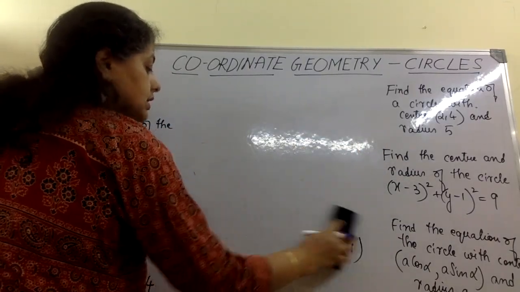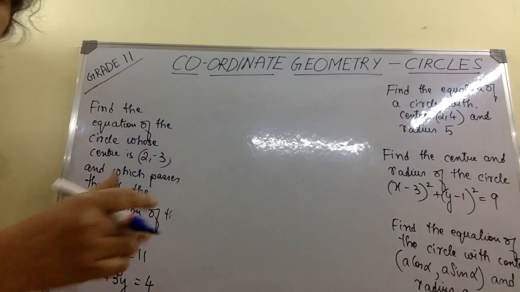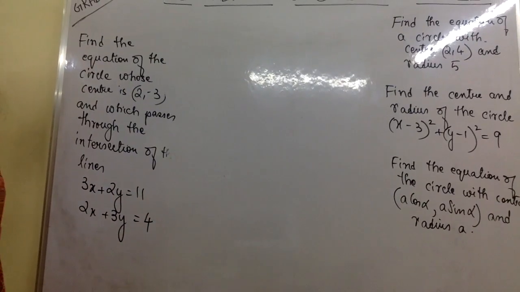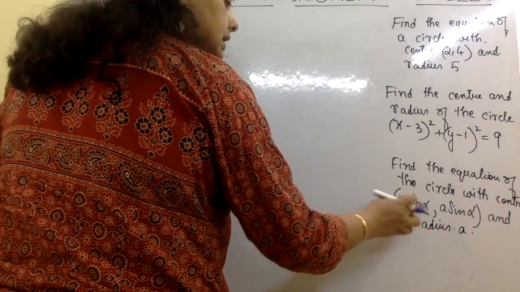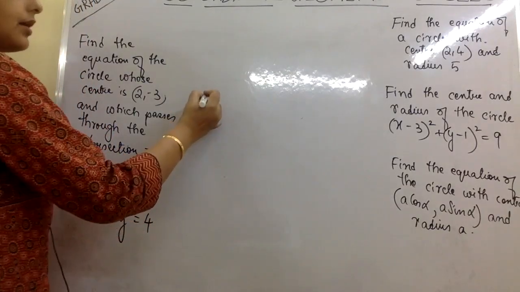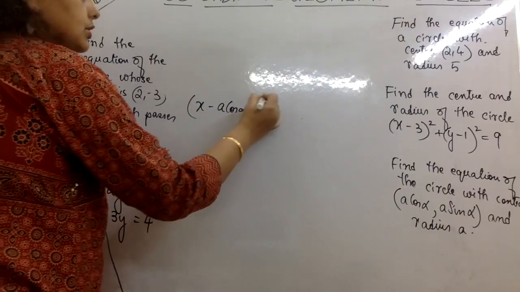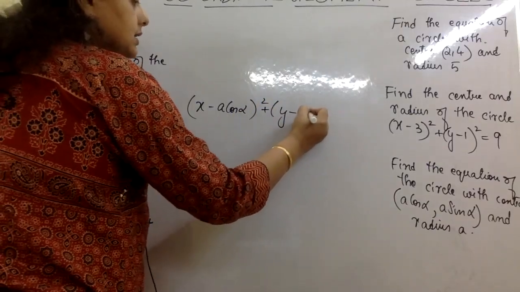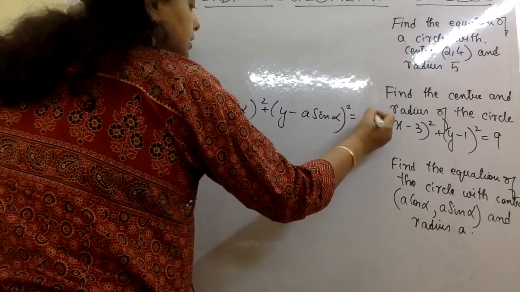When the equation is given and you have to find the center and the radius. Okay, let's find the equation of the circle whose center is this and radius is this. Back to (x minus a cos alpha) whole square plus (y minus a sin alpha) whole square is equal to a square.